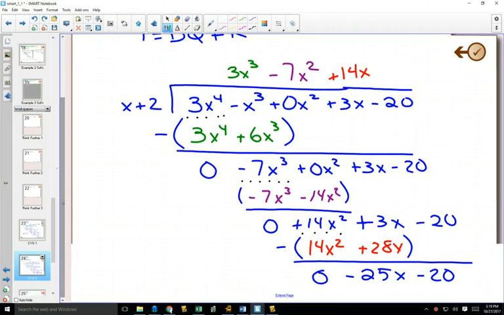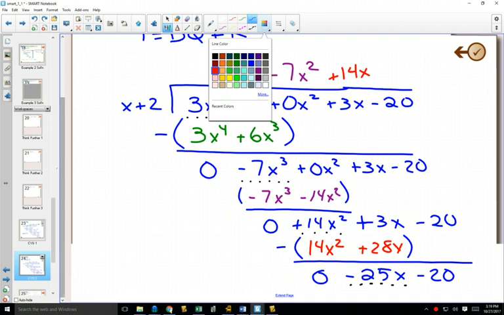Take out your underdotter. Underdot the first one in black. What would I have to multiply by to get minus 25? I am running out of colors. We are going to use dark blue. Like it.